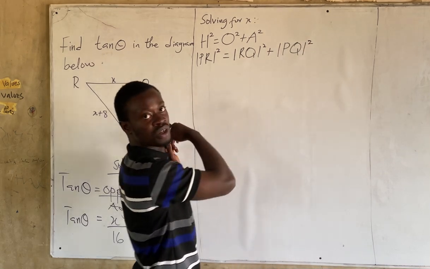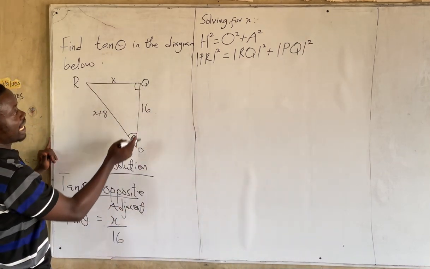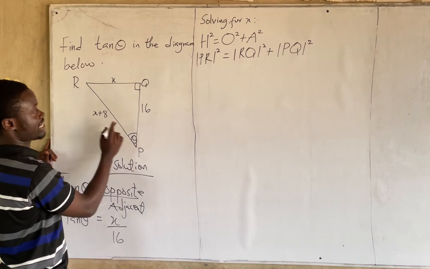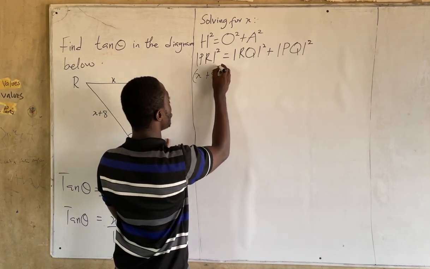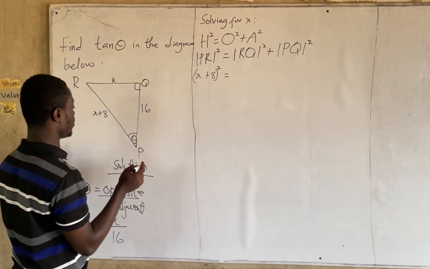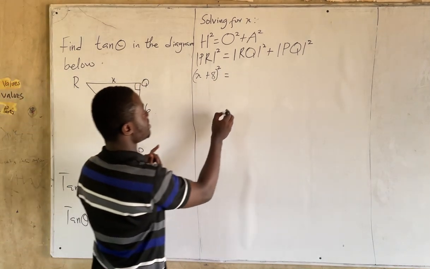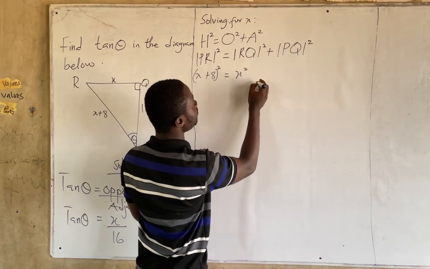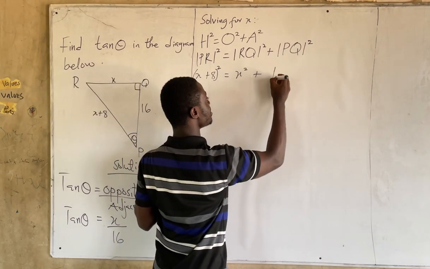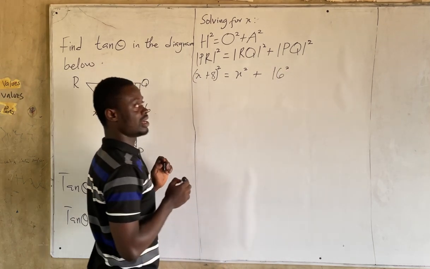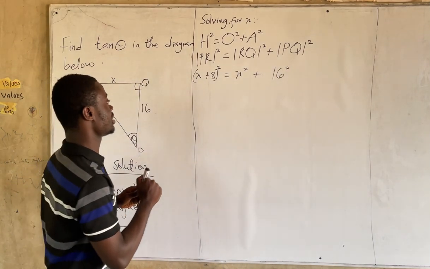Now let's substitute the values into the formula. Line PR is x plus 8, so you get x plus 8 all squared equal to line RQ, which is x, squared plus line PQ, which is 16 squared.